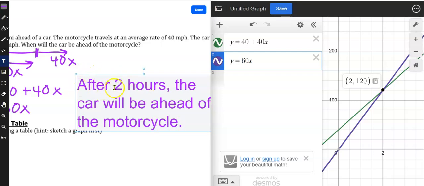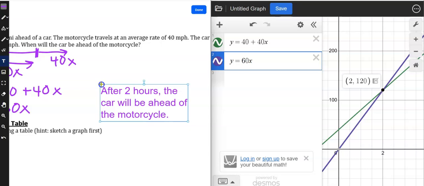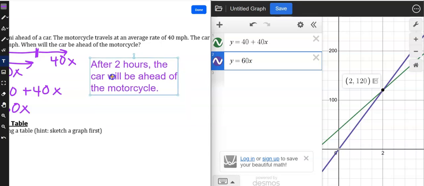Now, notice I said after. I didn't say at 2 hours, because at 2 hours would be equal. They said, when will the car be ahead? So I have to say after to really be correct.